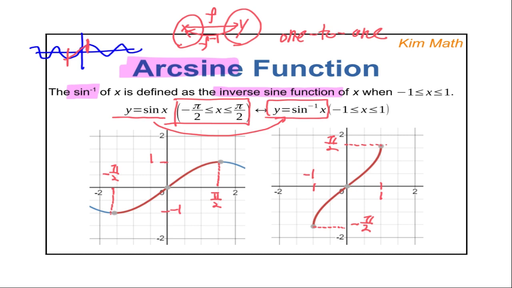So if I draw a small rectangle for reference purposes, the sine function will be defined only on this interval from negative pi over 2 to positive pi over 2. The reason is we need a one-to-one function. Then the inverse function will be here.